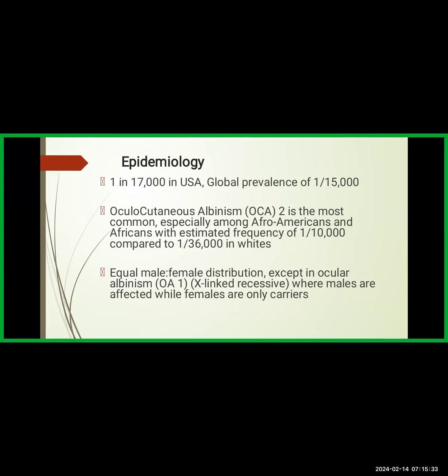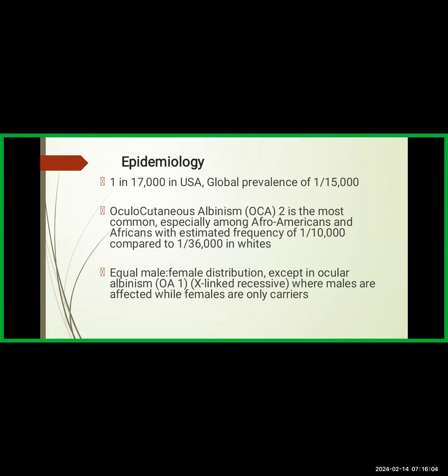It occurs most commonly among African Americans and Africans, with an estimated frequency of 1 in 10,000, compared to 1 in 36,000 for whites. Generally, there is equal male-female distribution for albinism, except for ocular albinism type 1, which is X-linked recessive, where males are affected while females are only carriers.